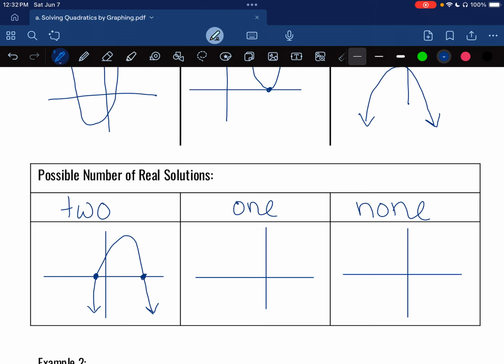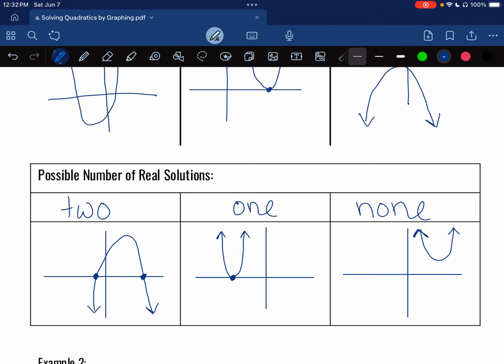Alrighty. Next one has 1 solution, so maybe it crosses right there. Alrighty. And then for none, maybe it's like this above the x-axis. It's not going to cross the x-axis anywhere.